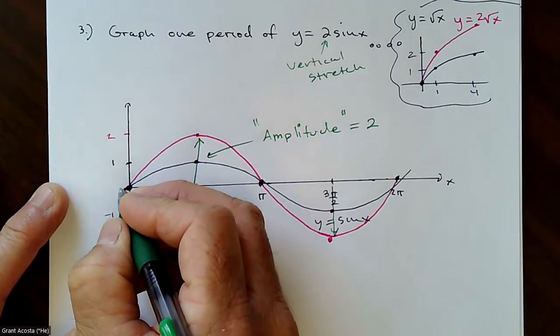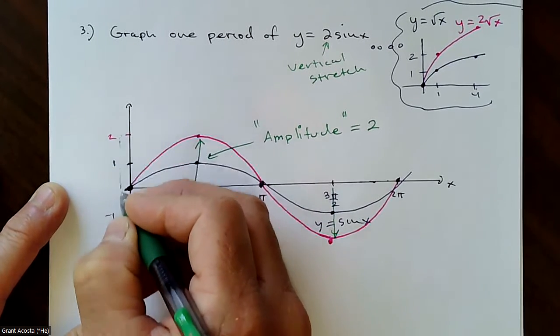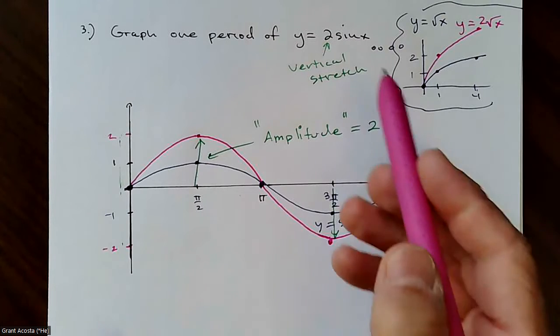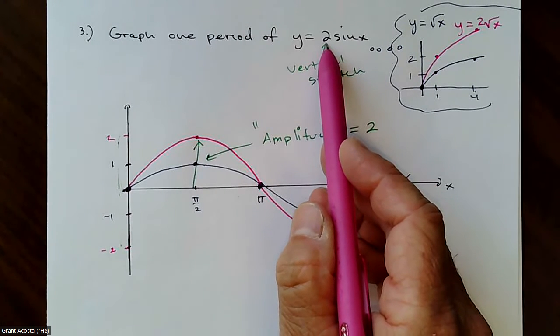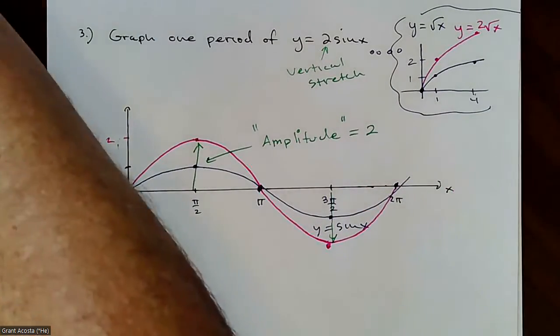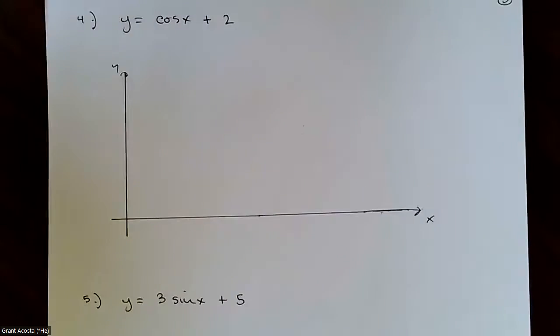But the amplitude is just how much it stretches from the middle to the high and to the low. A vertical stretch with a 2 there means the amplitude of our sine graph is 2. Same thing would be true if I had a cosine graph.